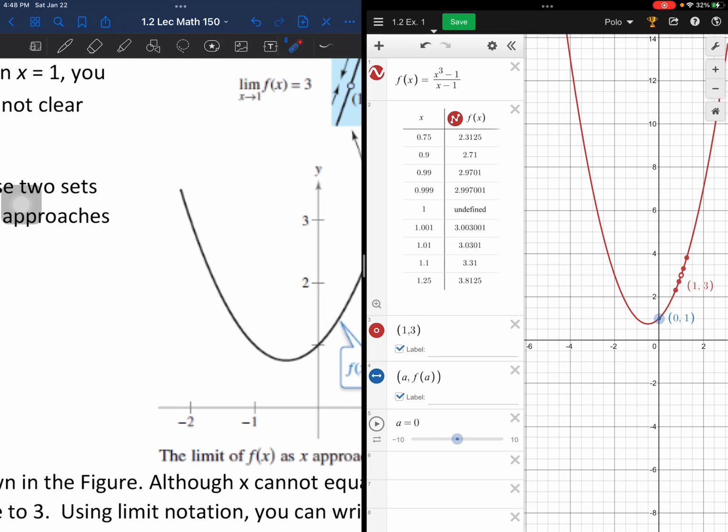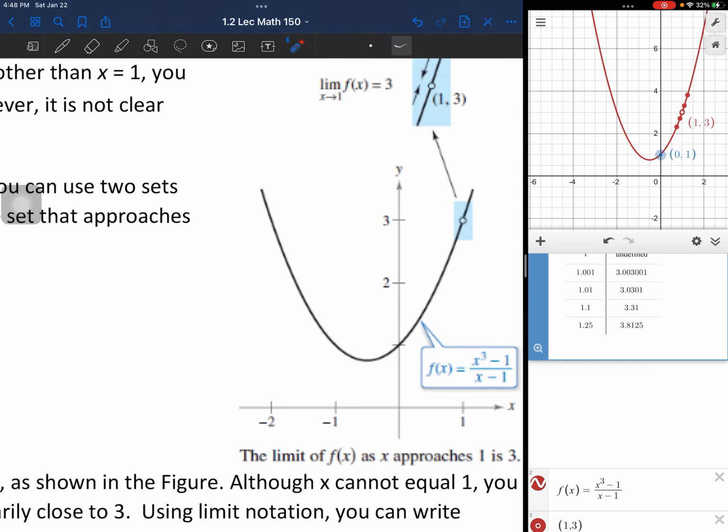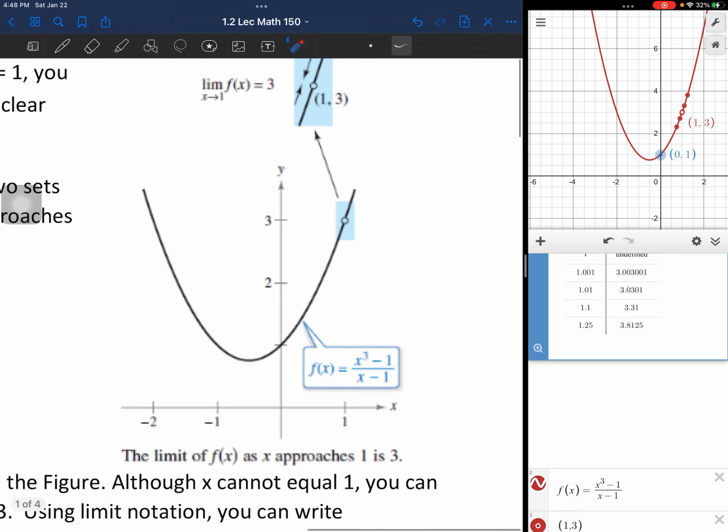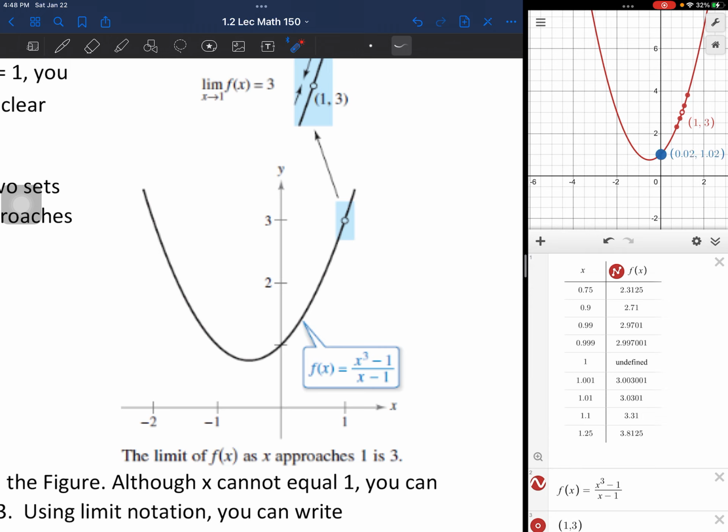So we can clearly see that this function is just a bunch of x's and y's. The goal is to figure out what the y value is approaching. At this point, x equals 0, y equals 1. At this point, x is close to 0.2, somewhere in there.